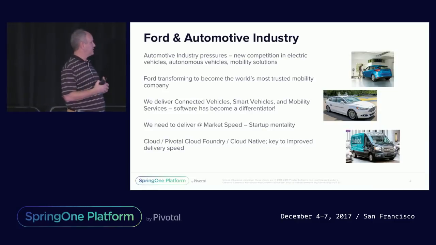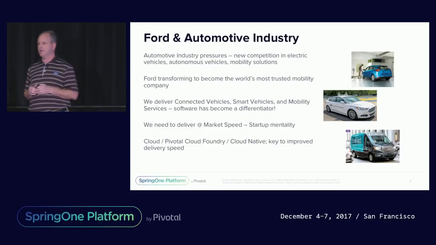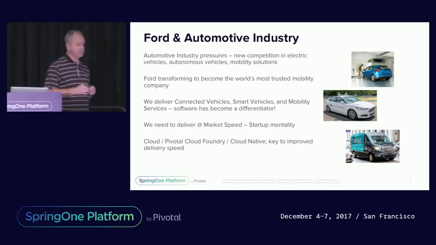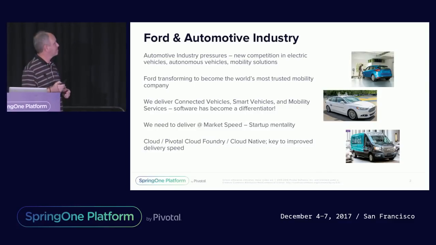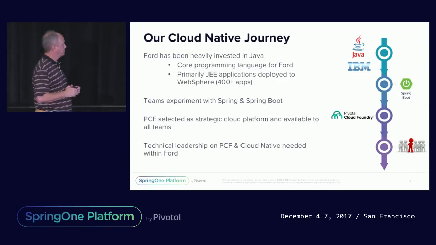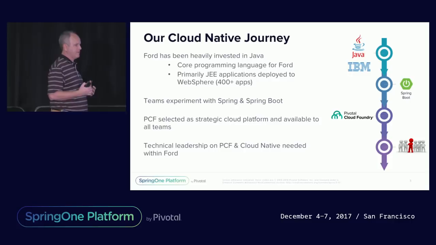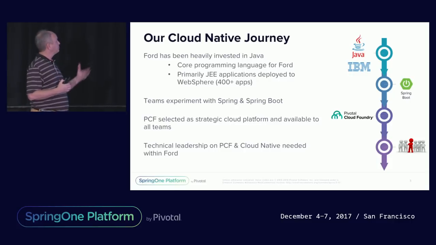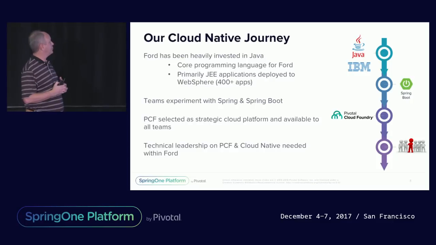So all of these things together were, in my mind, key to helping us improve our delivery speed of software development. So we realized these new tools are available. We can work in a different manner. That led us to our cloud native journey.